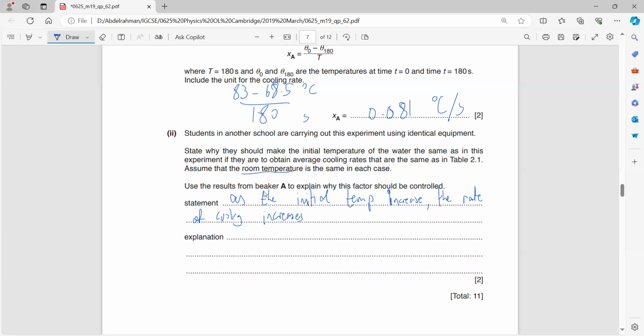Again, we need to use results from beaker A. How can I use them?